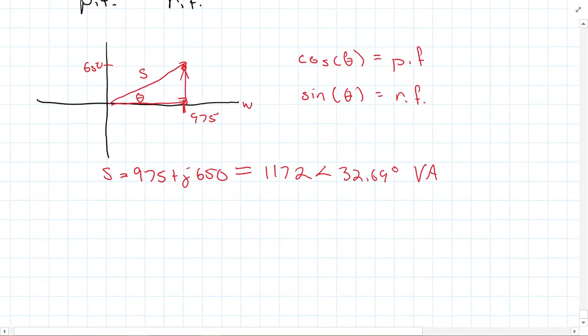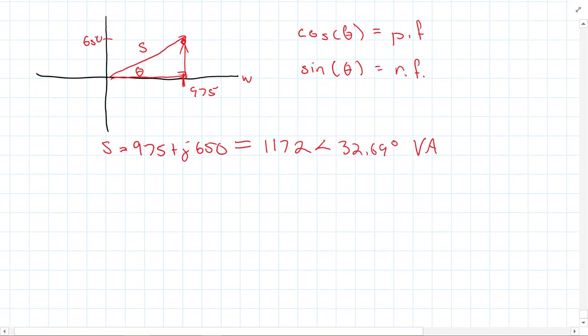Now, there's actually two ways you could go about doing this. So you could do the cosine of theta, which would be the cosine of 32.69 degrees, but that's also equal to just simply adjacent over hypotenuse, 975 over 1172.